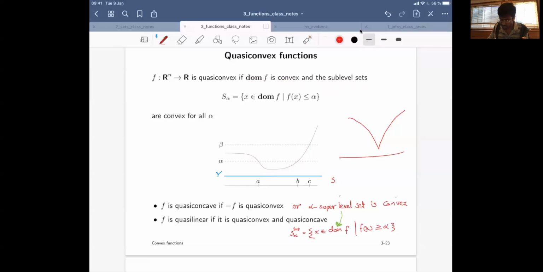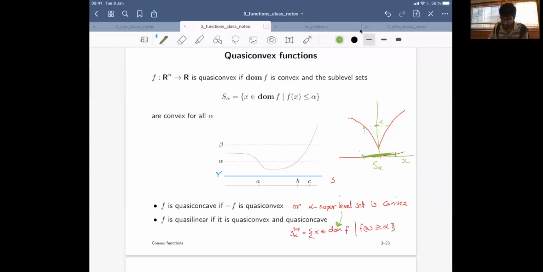For example, for this guy, an alpha sublevel set is, so we have the axis here. So consider alpha here, take this point and find the domain where this function is having less than alpha value. So all these points of x, the function takes value less than alpha. So this is alpha sublevel set of this particular function, right?